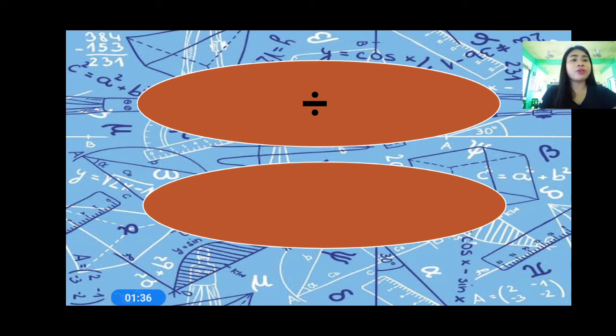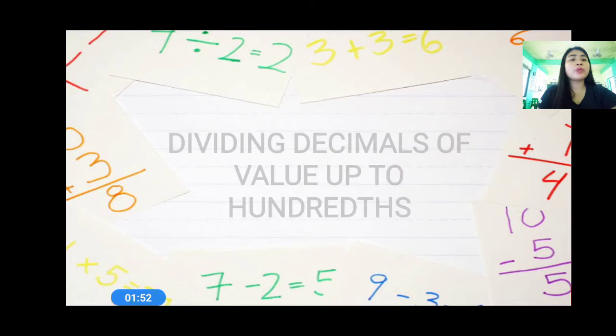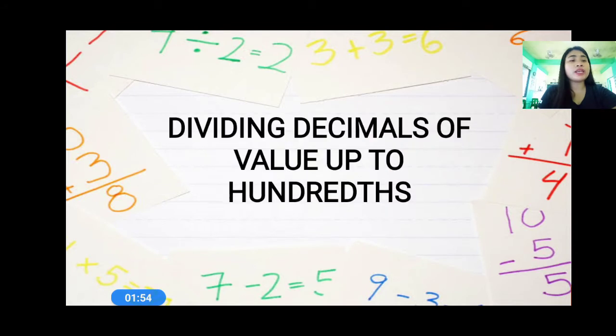Okay, very good. We are using the operation division. That is the sign for division. Do you understand me? Okay, so what sign is that? Sign for division. Okay. So today, everyone, we are going to talk about dividing decimals of value up to hundreds.